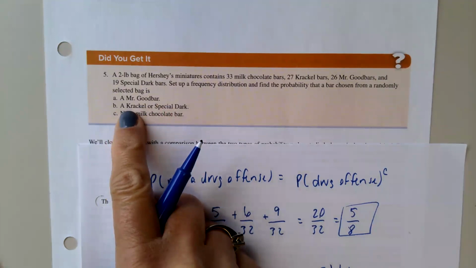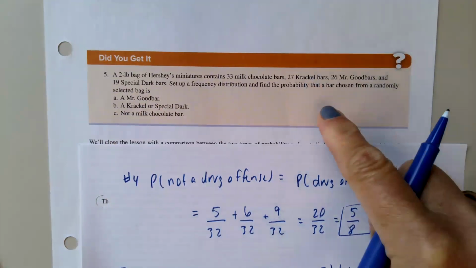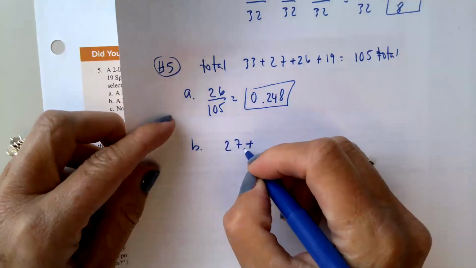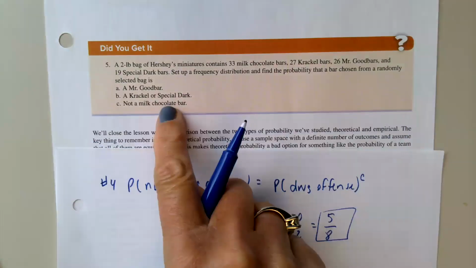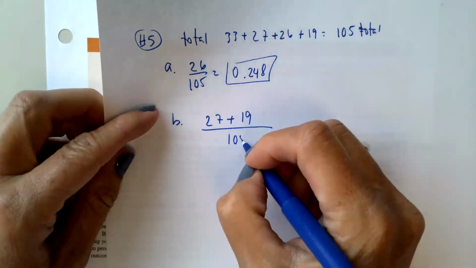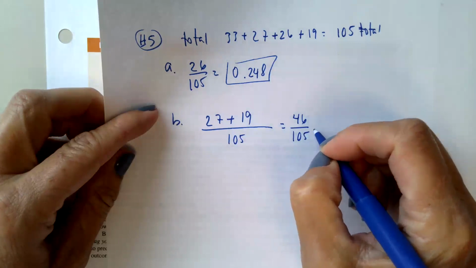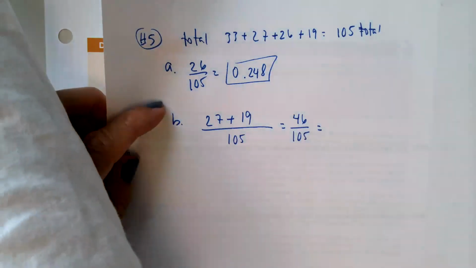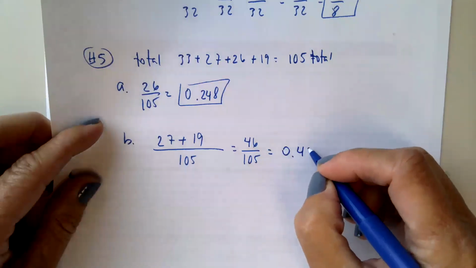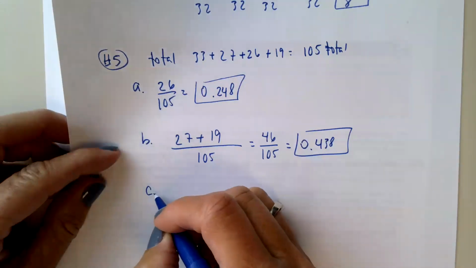So the probability of a crackle is, oh yeah, crackle is 27 plus the special dark, which is 19, out of the 105 is going to be 46 out of the 105. And that comes out to be 0.438 when rounded to 3 decimals.